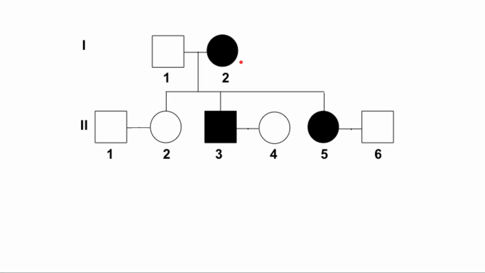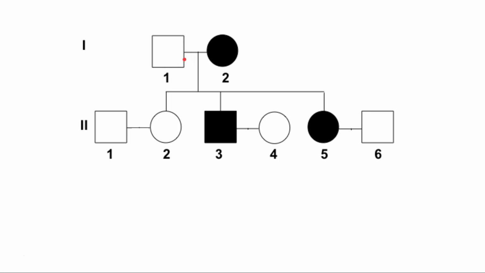What are the conditions under which it could be a recessive trait? Well, that means that dad here would have to be heterozygous. If this was a recessive trait, dad would have to be heterozygous because he's not displaying the trait, but he'd have to have a small allele.